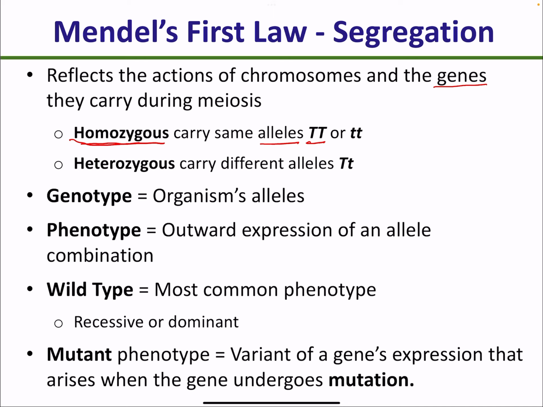If the two alleles are recessive, we're going to have an individual who is homozygous recessive. The dominant allele is always represented with a capital letter, while a recessive allele is always represented with a lowercase letter.